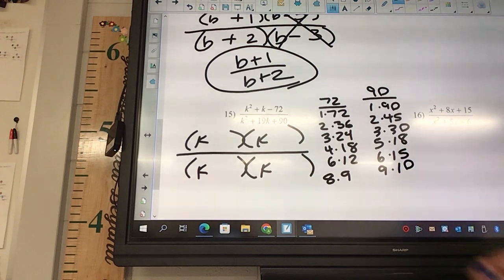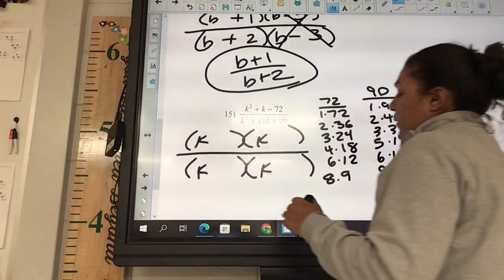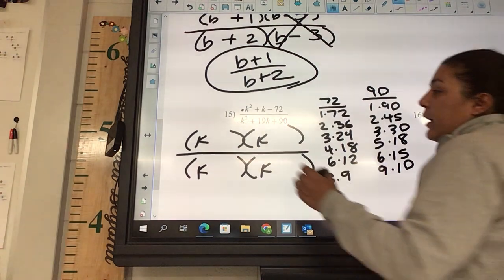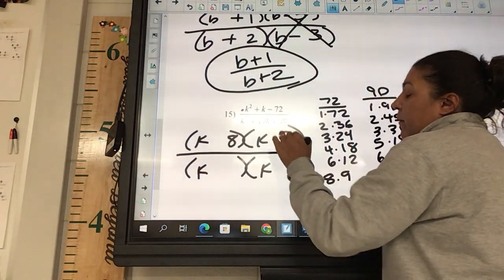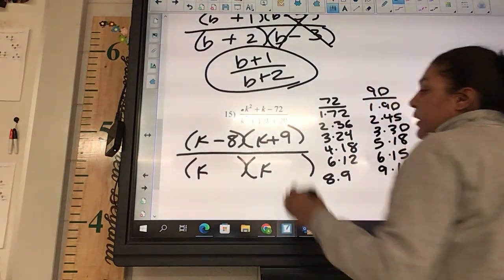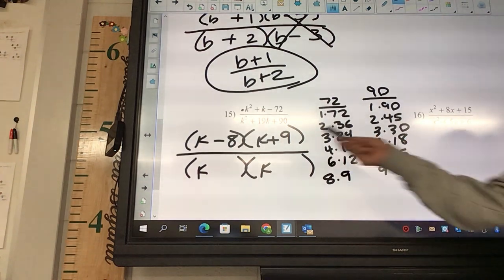Okay, so for our 72 one, I'm trying to get something to give me a 1. What numbers am I going to use? 8 and 9, and I need a positive 1. Minus 8 plus 9. Okay, and for the bottom one, my number has to be a 9 or an 8, because I got a 9 or an 8 there.